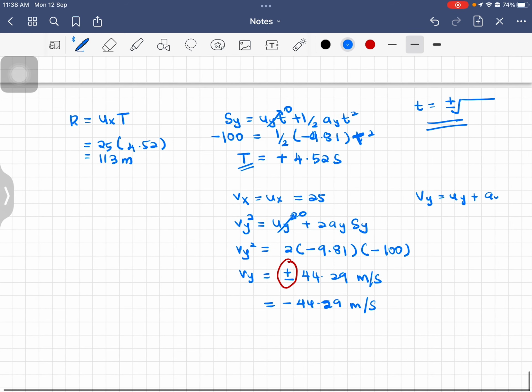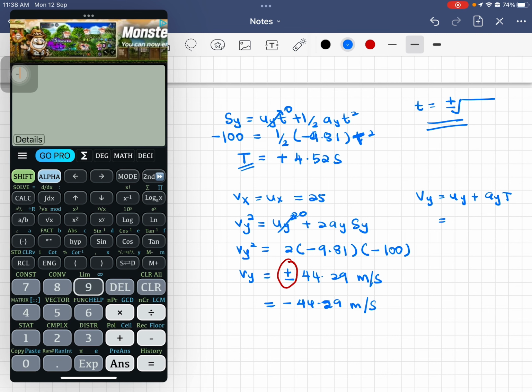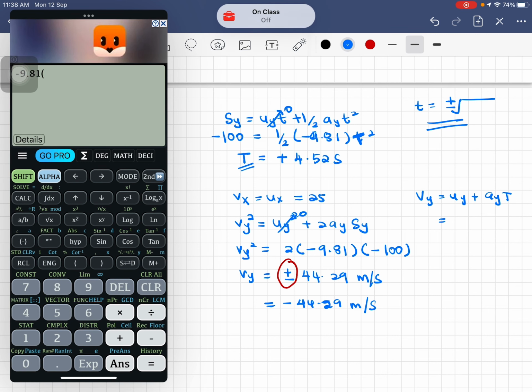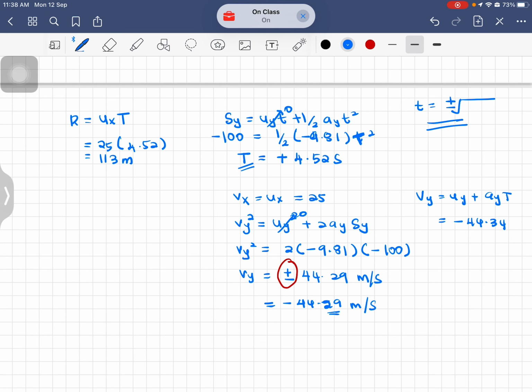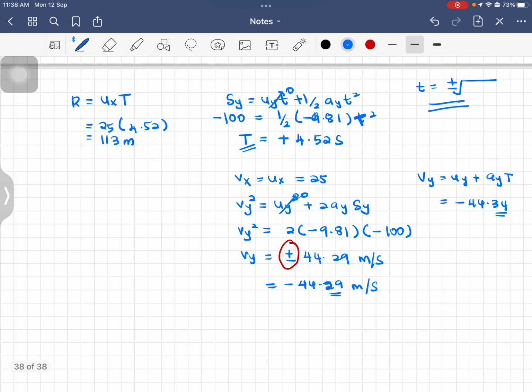Kalau you guna plus AYT, you akan dapat dia negatif lah. Which is negatif 9.81 darab dengan 4.52 tu. Awak dapat terus negatif. Negatif 44.34. So, sama je. Dia punya beza sikit je. Kita masih lagi terima. So, you have this Vx and Vy.